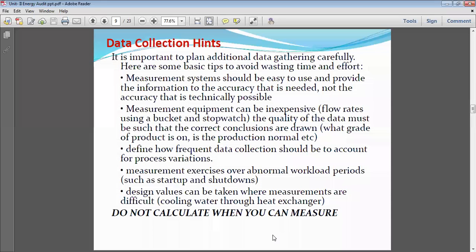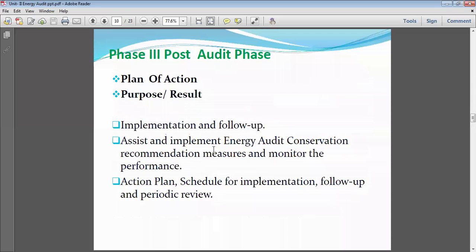No. If there is some heat and I calculate the resistance loss at a different temperature, the resistance will be different, and because of the temperature rise the winding temperature becomes higher, so I cannot calculate the correct value. The correct value is the measured value. So in the energy audit, we should take as many actual readings as possible instead of calculating from the standard formula. So this is the second one which we have collected here.